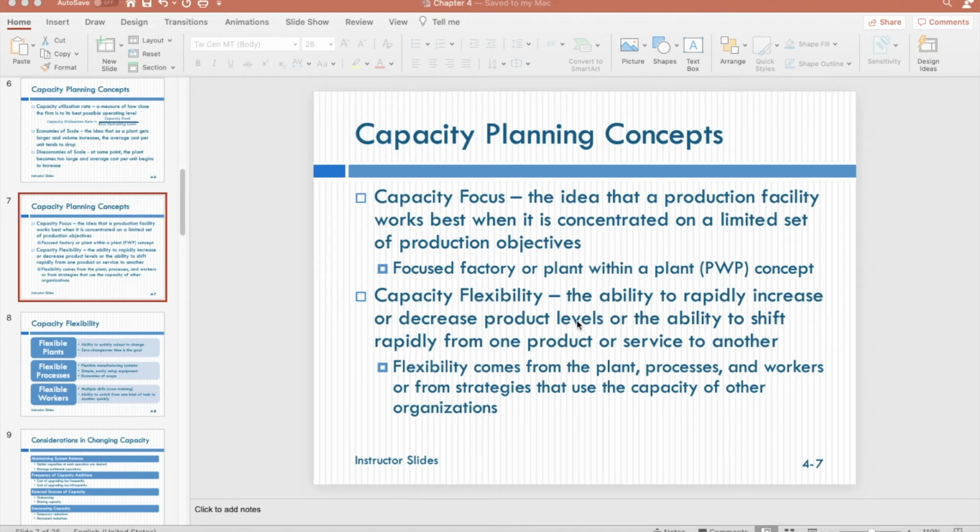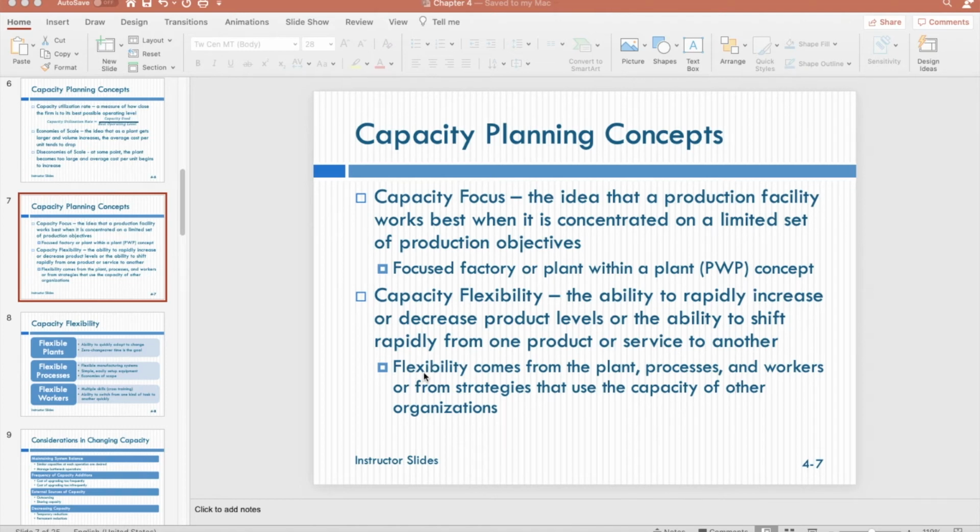So when we talk about capacity flexibility, it is not only about the ability of increasing or decreasing the volume. It also incorporates the ability of shifting your production line from producing one product to producing another product, or providing one type of service to another type of service. That's called capacity flexibility. Quite important.